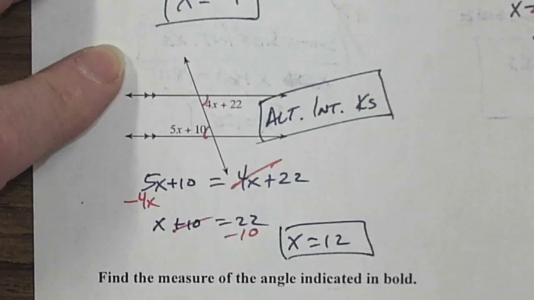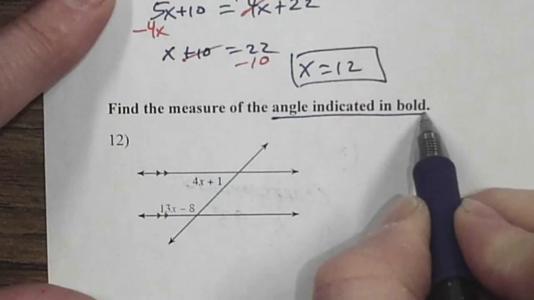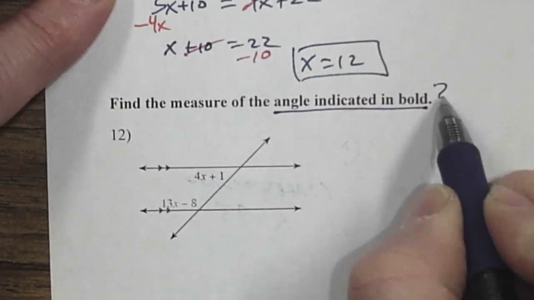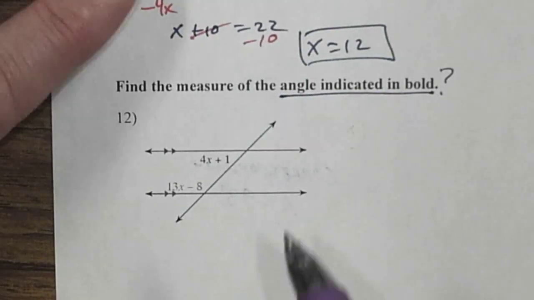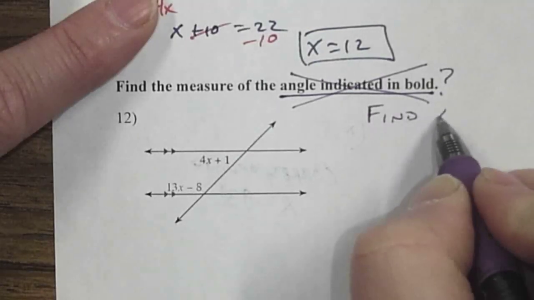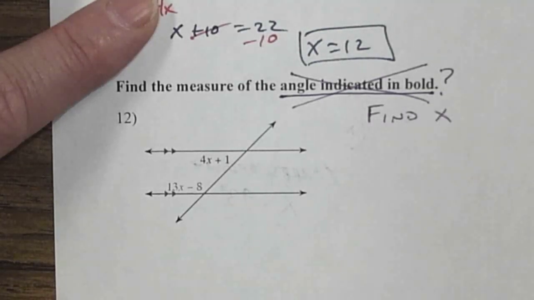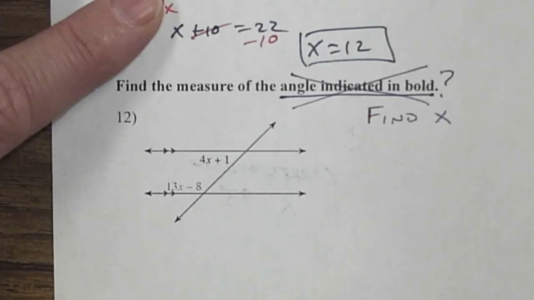Now, there are a few problems in the homework that say find the angle indicated in bold. Which one is that? I can't see. So rather than do that, we're just going to find x. If we want to know the angle, plug it back in. What type of angles are these?